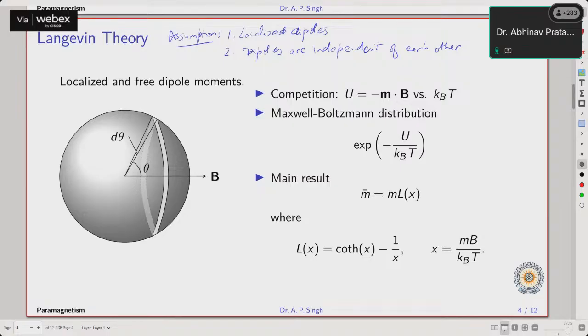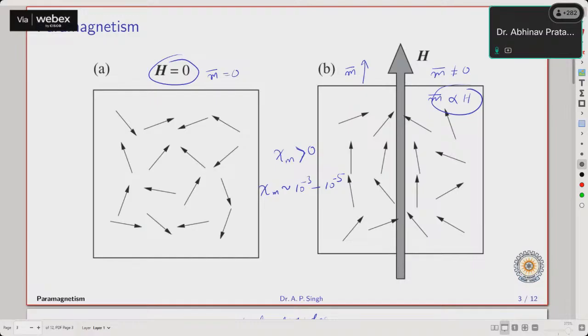When you apply a magnetic field, as I showed you in this particular slide, some slight alignment is there, but not a complete alignment. That means not all of them are pointing in this direction.